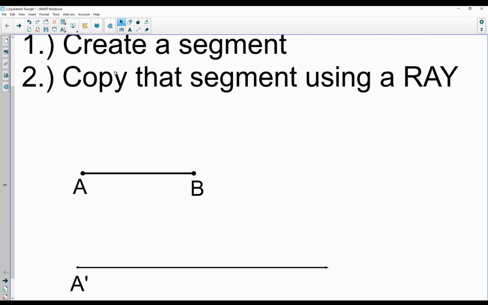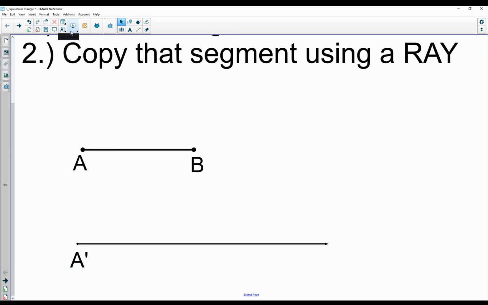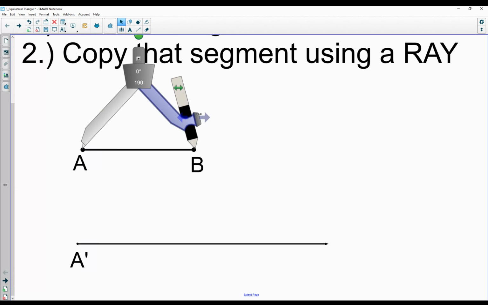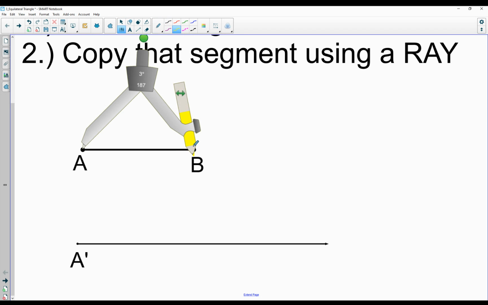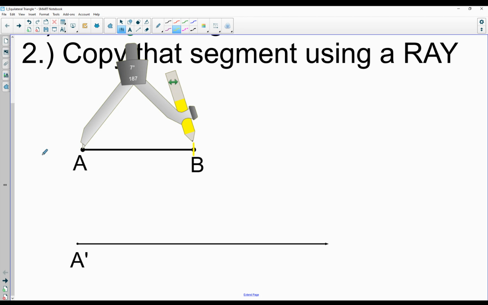Okay, so now just to go over yesterday, to copy, you're going to take your compass and put the needle on one endpoint, A, and stretch it to the width of point B. We show that we've measured AB by swinging a tiny arc through B, like so.